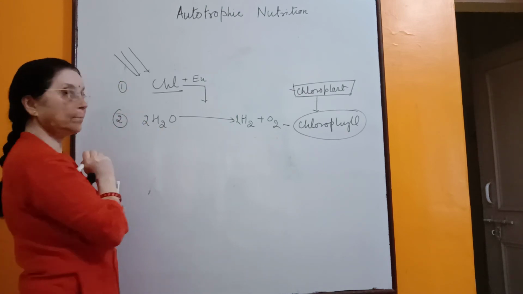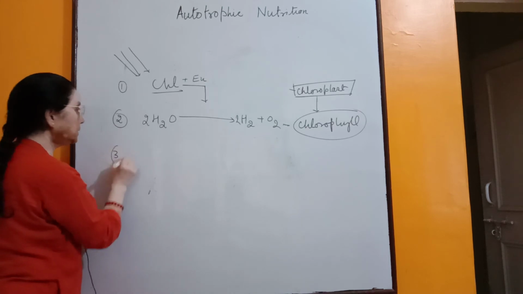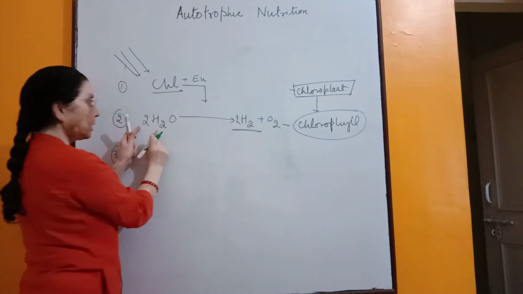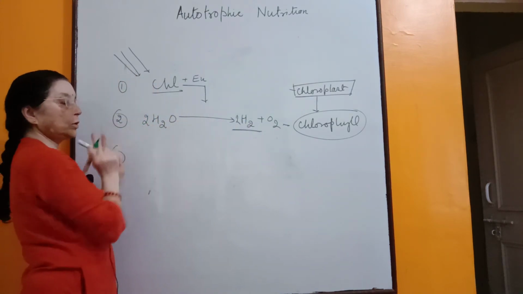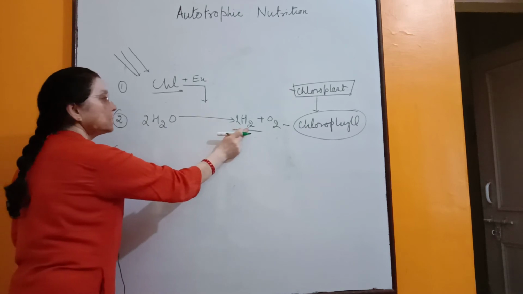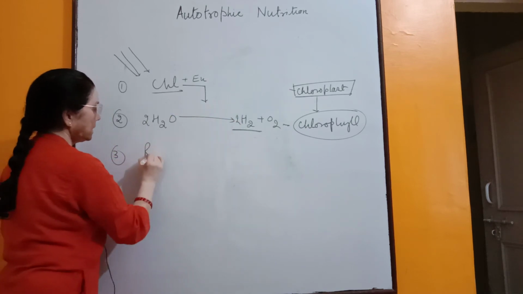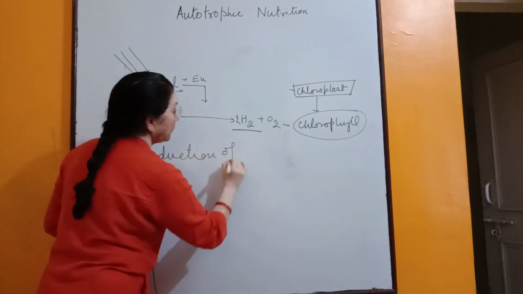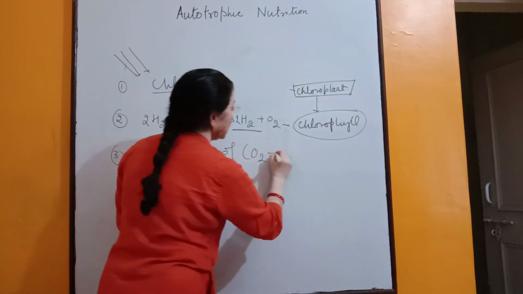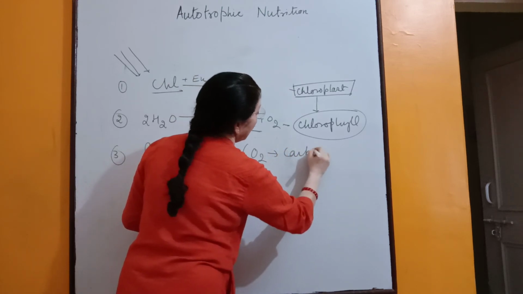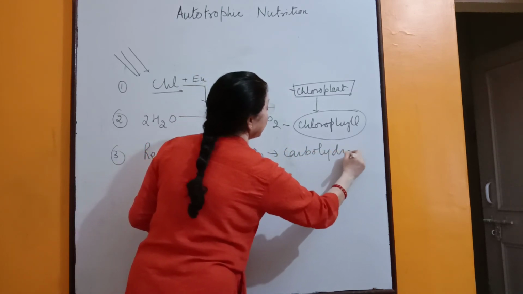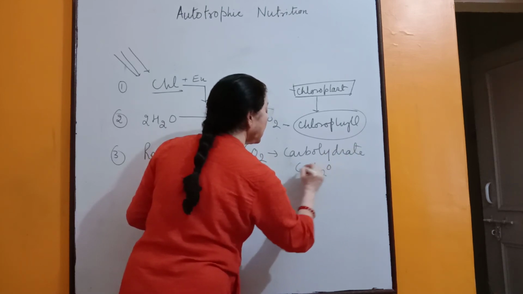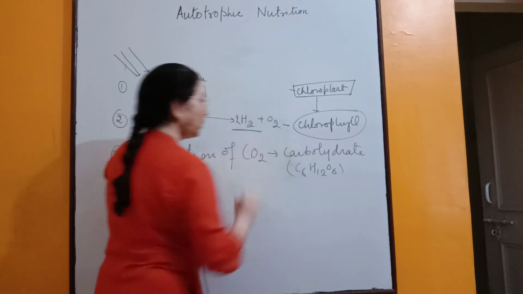This is the second step of photosynthesis, and the third step is that the hydrogen obtained by splitting the water molecule does reduction of carbon dioxide into carbohydrate, and the simplest carbohydrate formed here is C6H12O6.